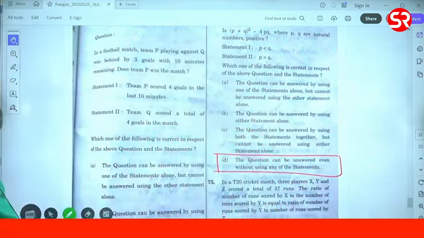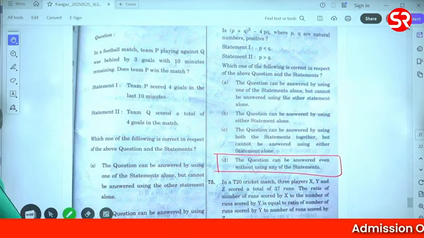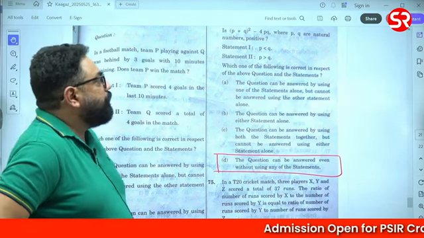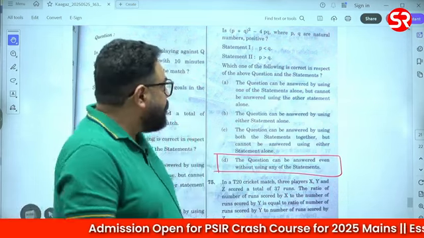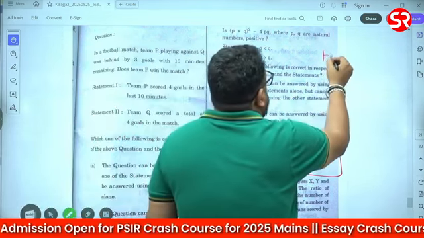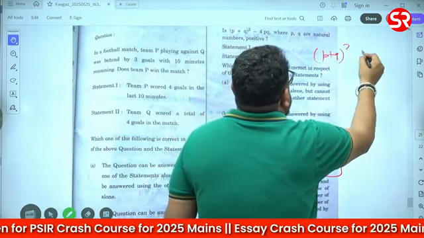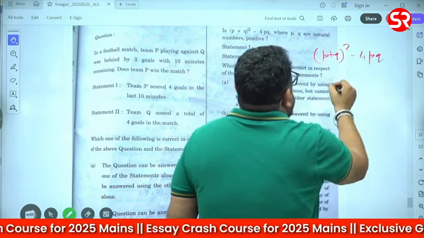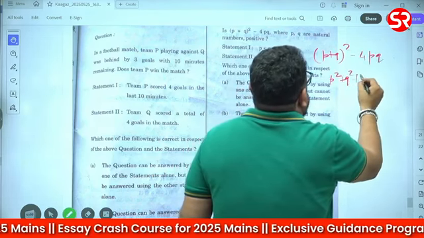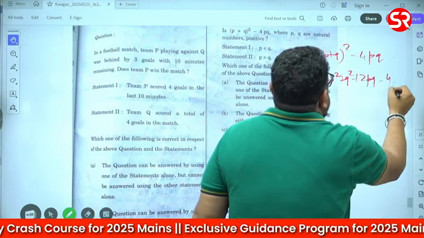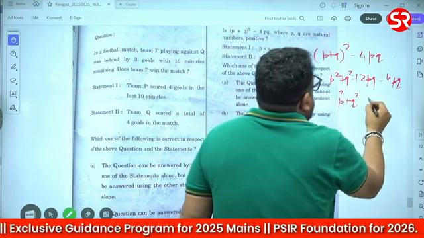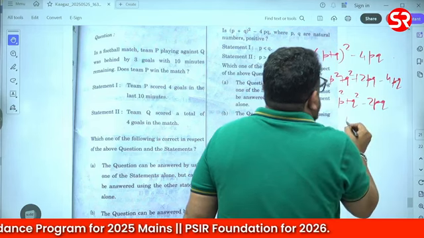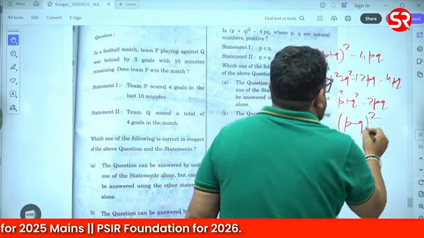Now he asks: is (p + q) whole square, where p is positive, positive? Look, (p + q) whole square minus 4pq equals p square plus q square plus 2pq minus 4pq, which is equal to (p − q) whole square.